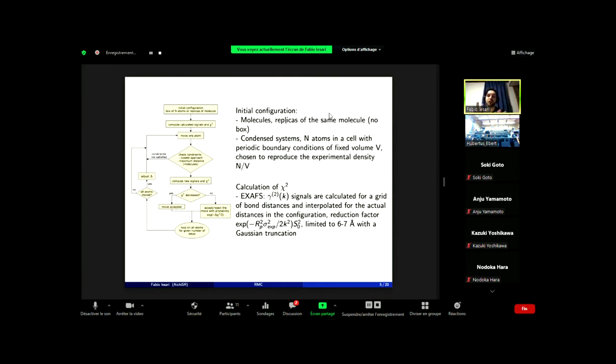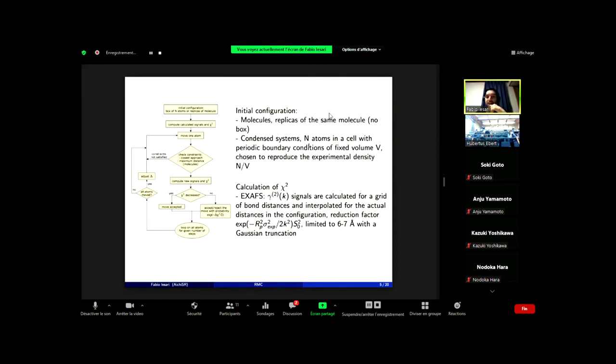This is to simulate thermal disorder by using replicas. Or instead, for solid systems, or let's say condensed systems, we have a given number of atoms in a cell with periodic boundary conditions.